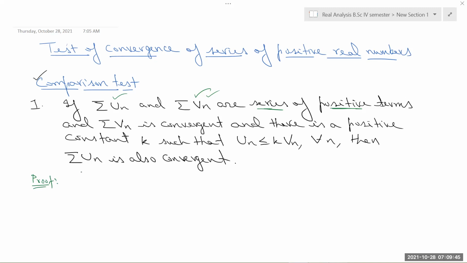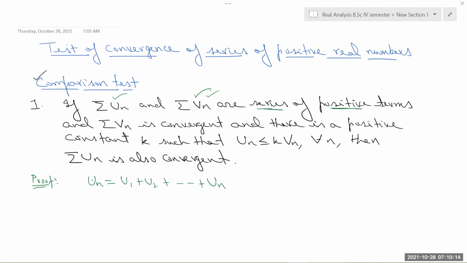We have already studied in previous lectures that a series is convergent if and only if its sequence of partial sums is convergent. So suppose the partial sum of the series un is given by u1 plus u2 plus up to un.